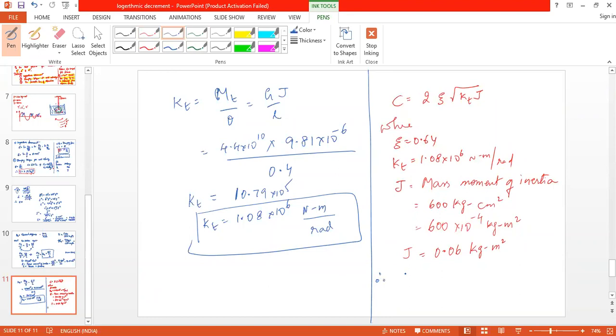Therefore, C is equal to 2 times 0.064 multiplied by root of 1.08 into 10 power 6 multiplied by 0.06. So what is the value of C?